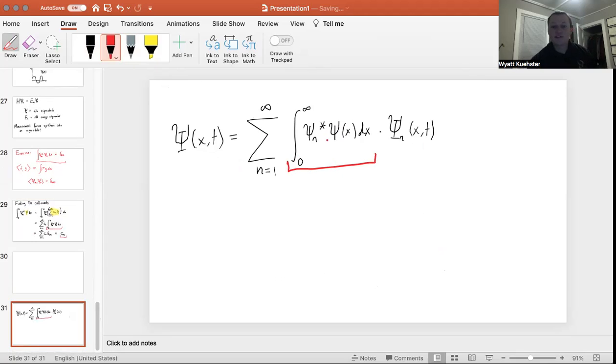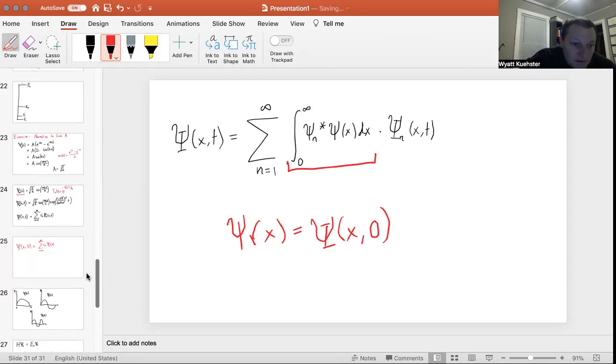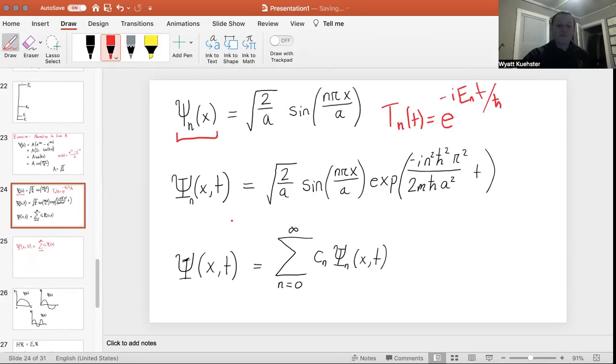So these are the coefficients cn, where psi of x is big Psi of x comma 0. So that's it. Those are the solutions of the infinite square well. These are the eigenstates. Any wave function can be written as a linear combination of those eigenstates times e to the minus i En t over h bar. Great.